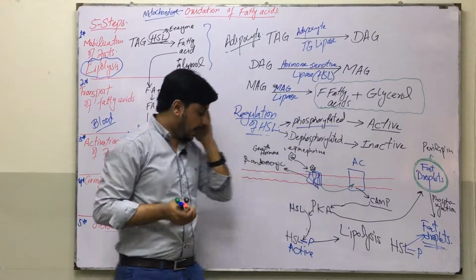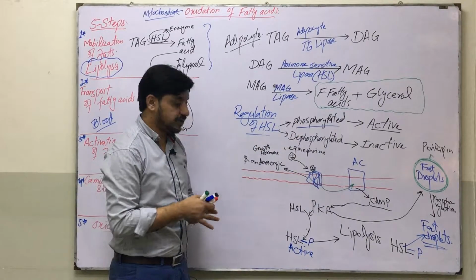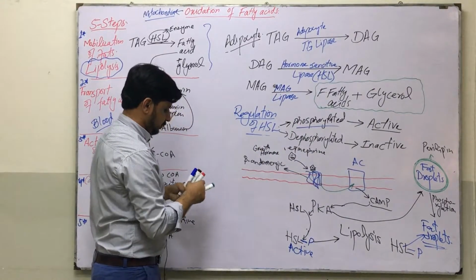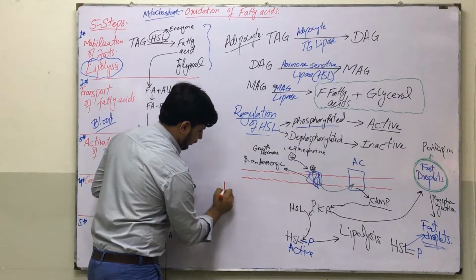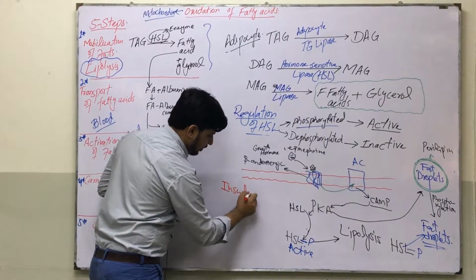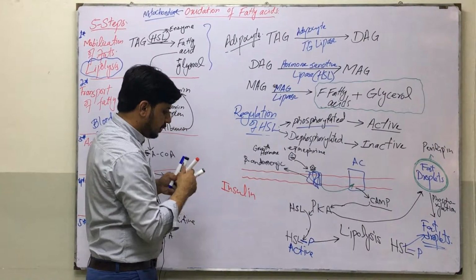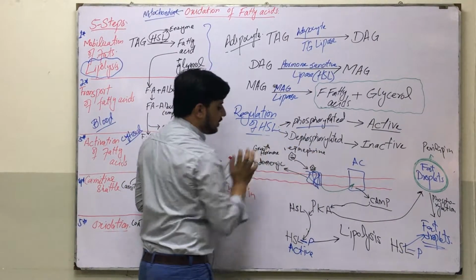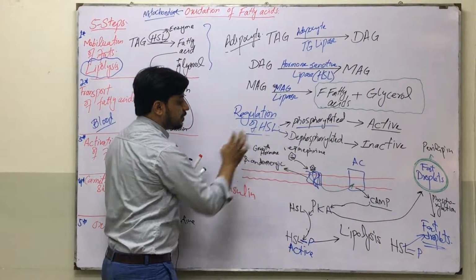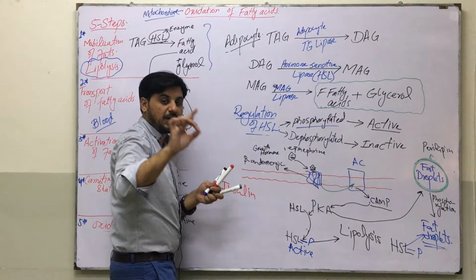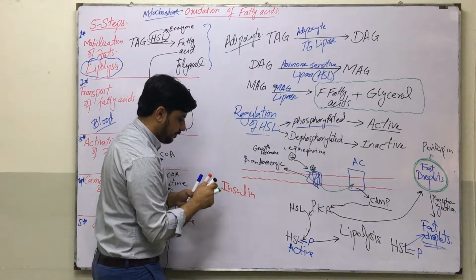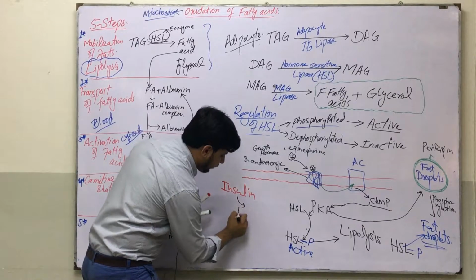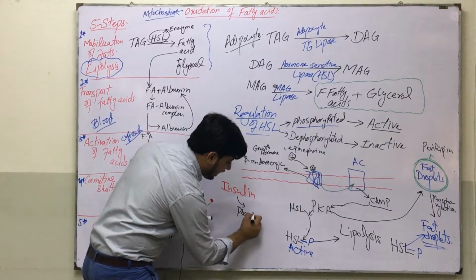And the second thing about the regulation, the dephosphorylation: the insulin hormone. Which hormone? Insulin hormone is responsible for the deactivation or dephosphorylation of this hormone sensitive lipase with the help of the enzyme phosphatase.